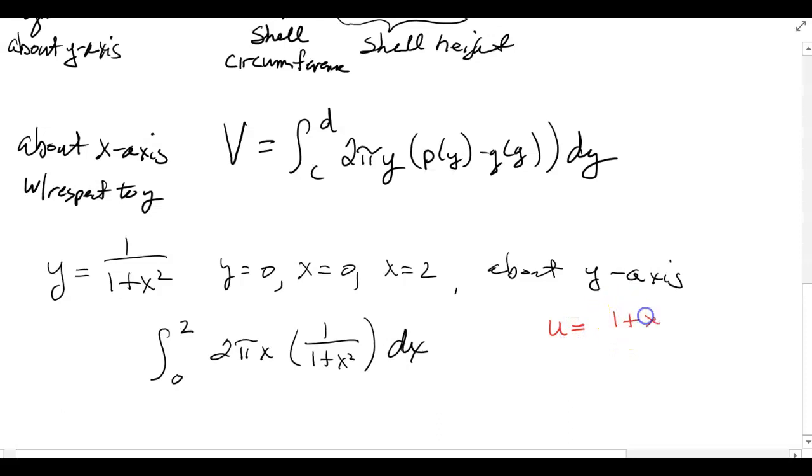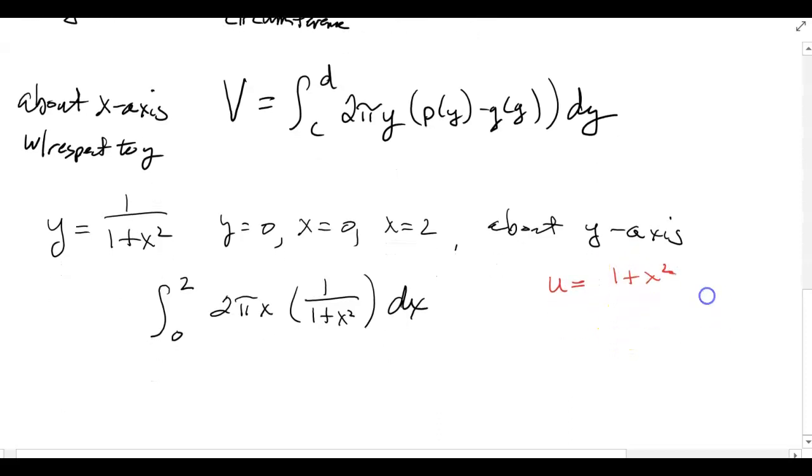Hopefully you can remember, you use u-substitution and almost see right away that, well, now, if I let u equal 1 plus x squared, du dx is 2x. There's your 2, there's your x, there's your dx. And this fits really nicely into a u sub problem.